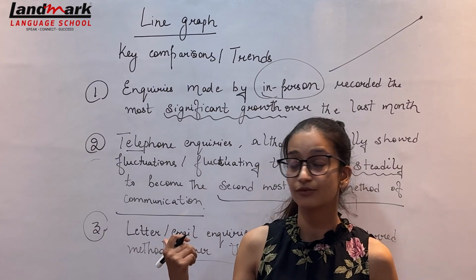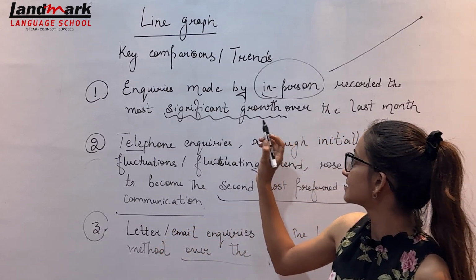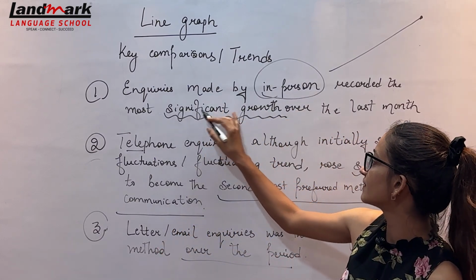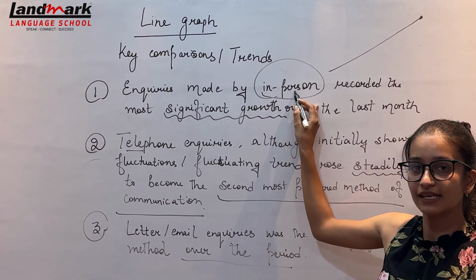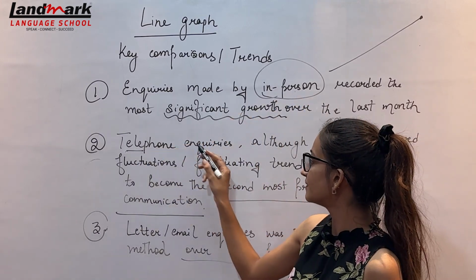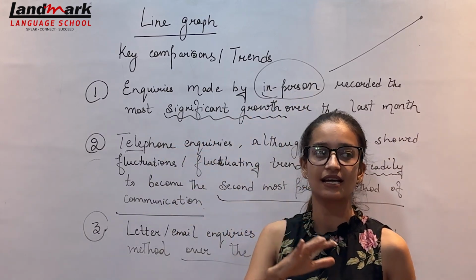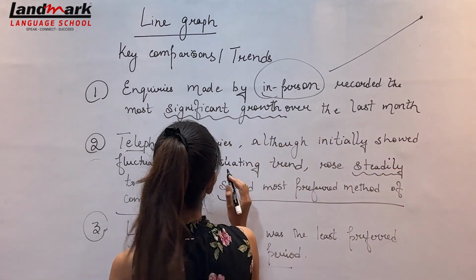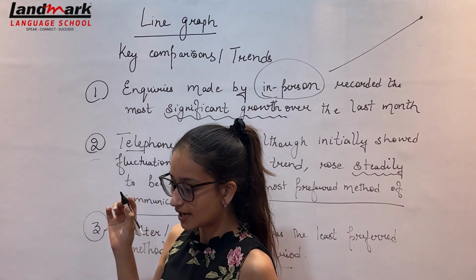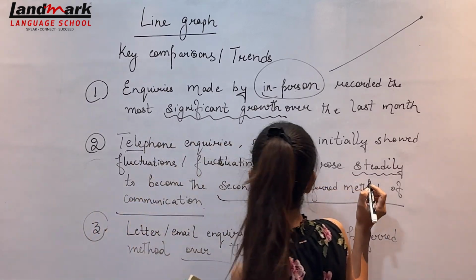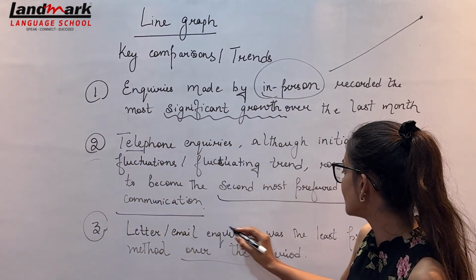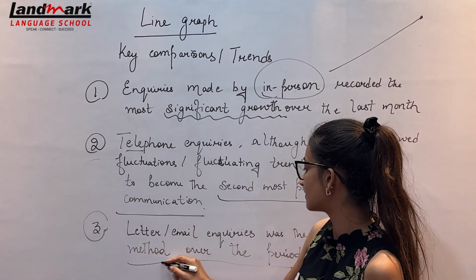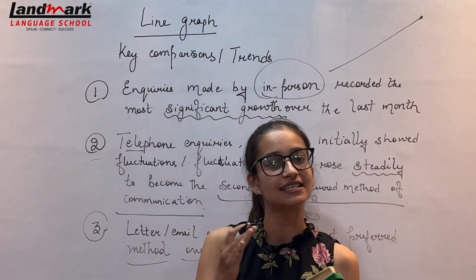In this line graph, you can see that the highest number, or the significant growth, is observed in in-person, whereas telephone inquiries, although in the starting it is fluctuating, in the end are recording a high point, that is up to 1600. And letter and email inquiries was the least preferred method because it steadily declined.